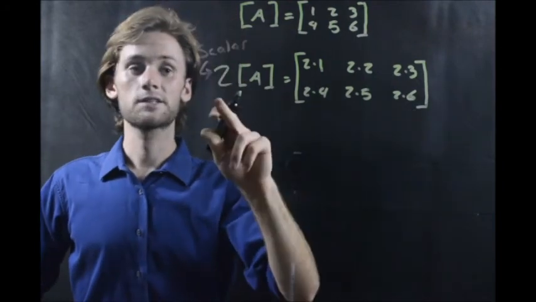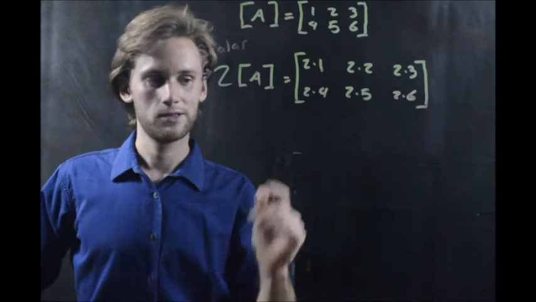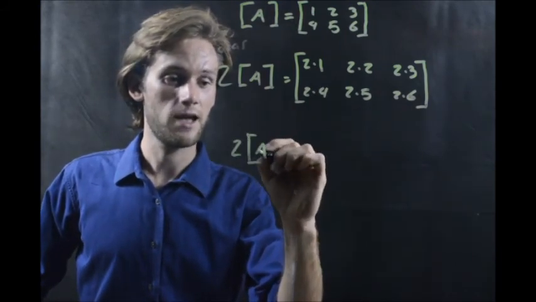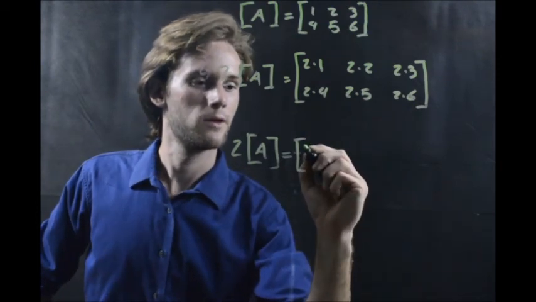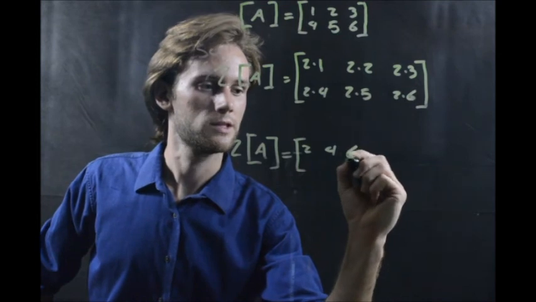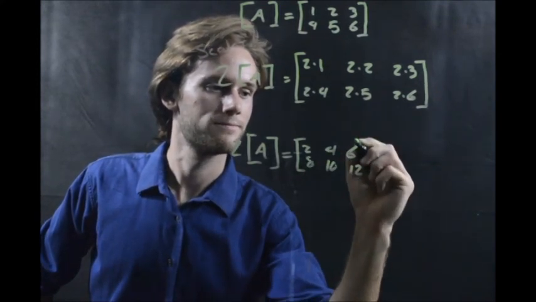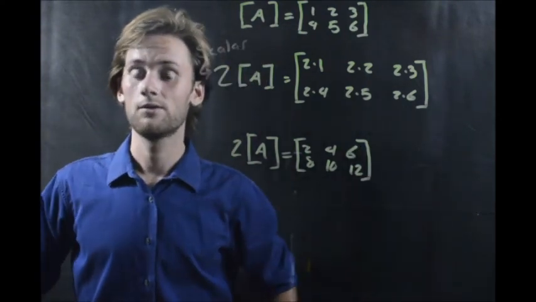Just applying our scalar to each of the elements in our matrix. So the resulting matrix, 2 times matrix A, will give us this: 2, 4, 6, 8, 10, 12. The dimensions of our matrix don't change, only the elements.